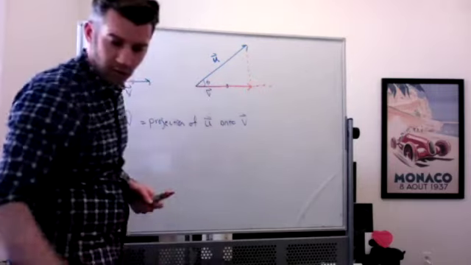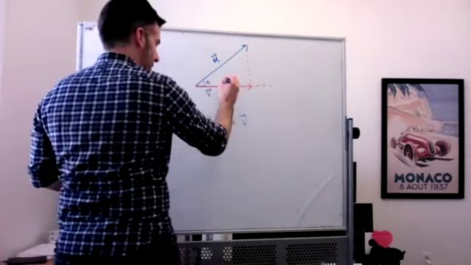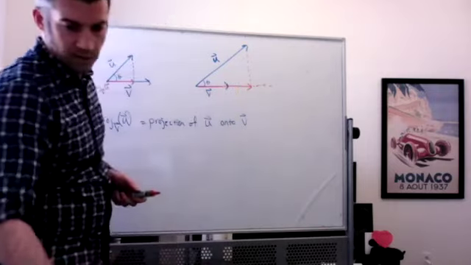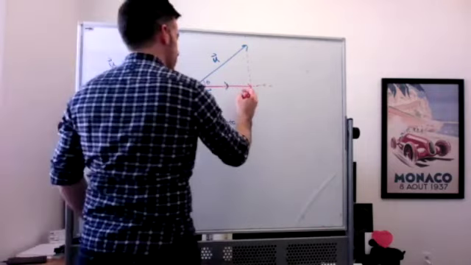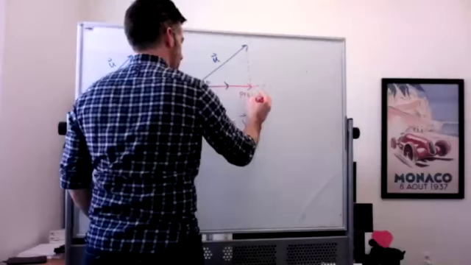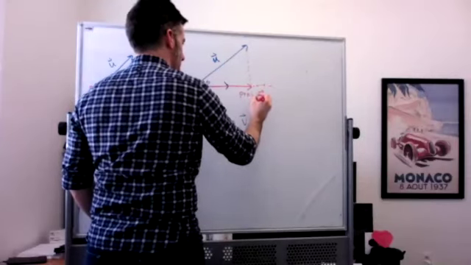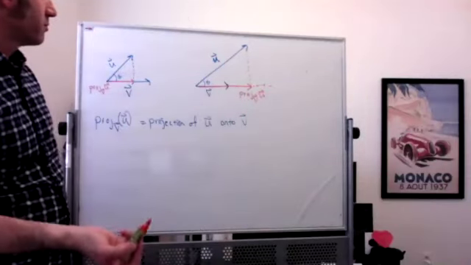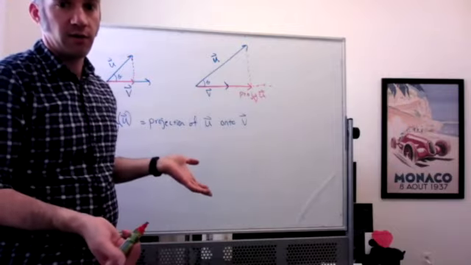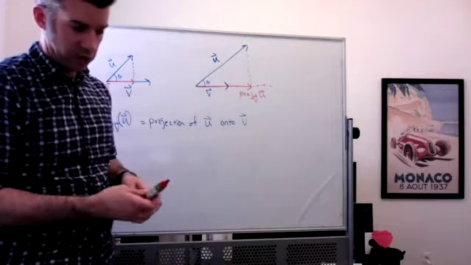So even though V ends right here, this red vector is the projection of U onto V. So it's just the amount of U that is in the V direction.